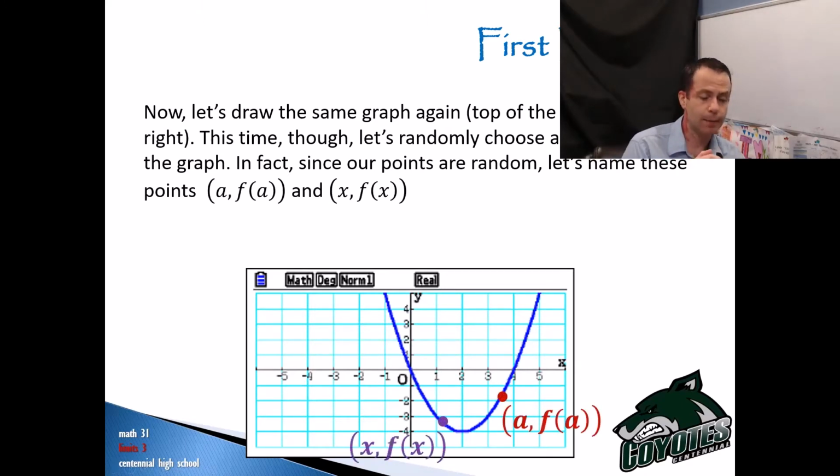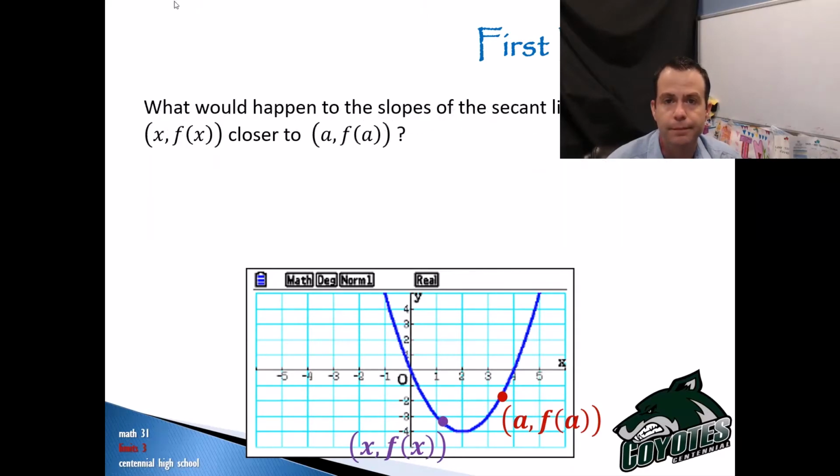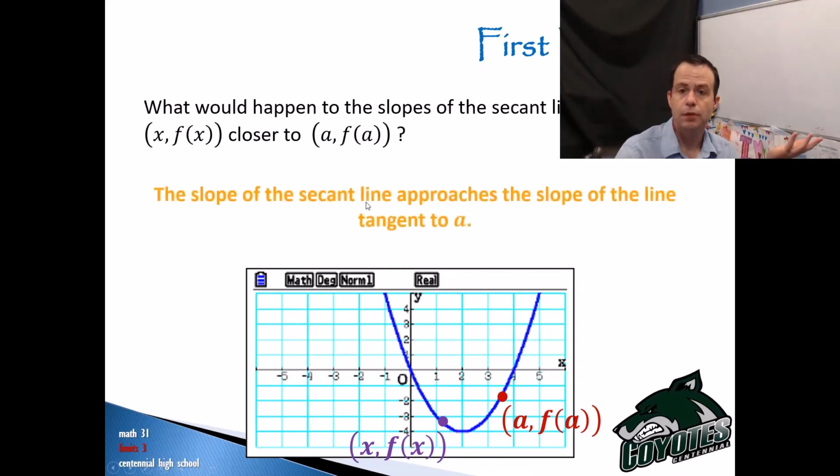So I have x comma f of x and A comma f of A. Okay, what would happen to the slopes of the secant lines as we move x comma f of x closer to A comma f of A? Okay, so if I'm moving this point closer to this point, the slopes would end up approaching the slope of the line that's tangent to A.